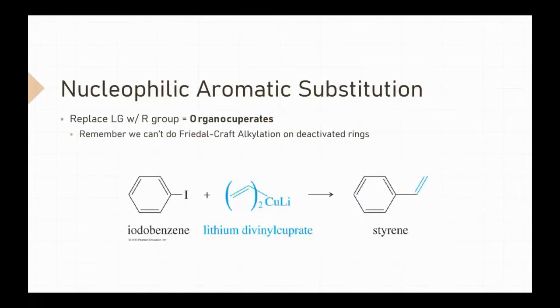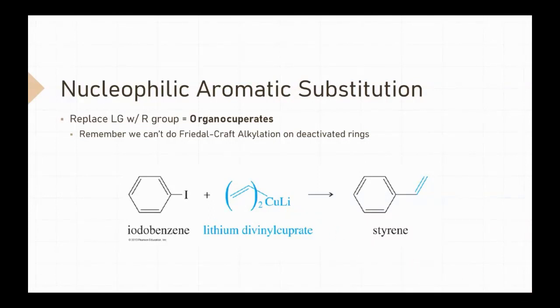Now, if you want to add R groups to the molecule, another way you could replace leaving groups with R groups is using organocuprates, right? So we have an R group right here, and CuLi.